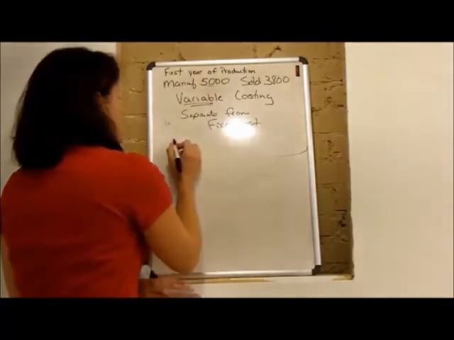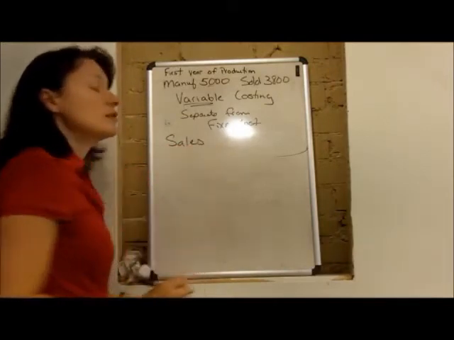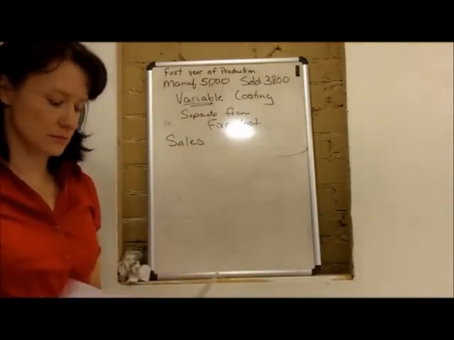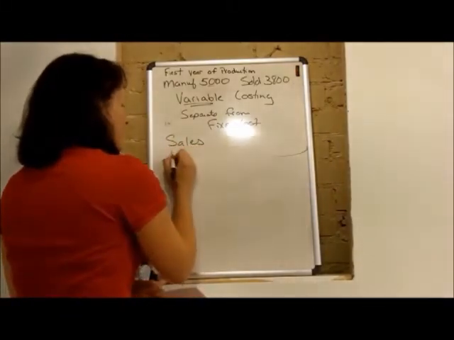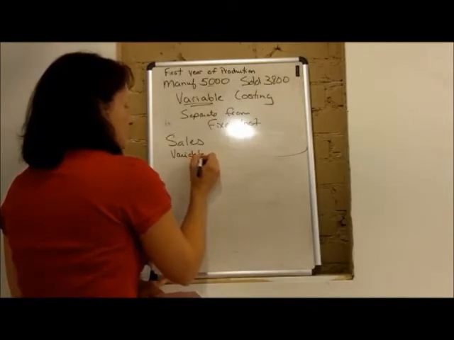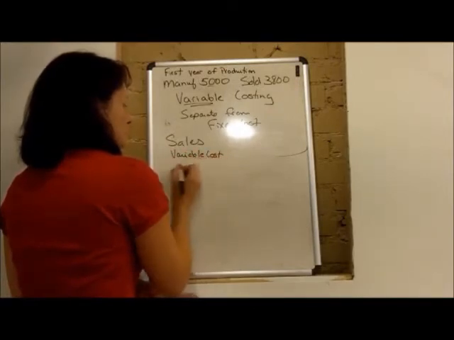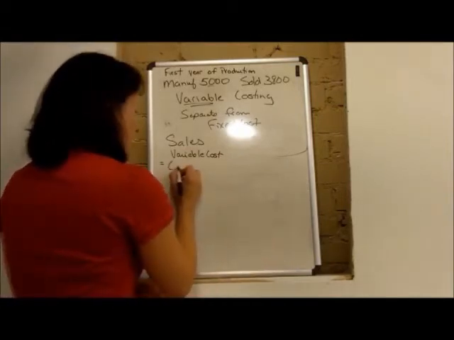So how that income statement looks, we still look at sales. Then we're going to look at the variable cost, which will give us contribution margin.